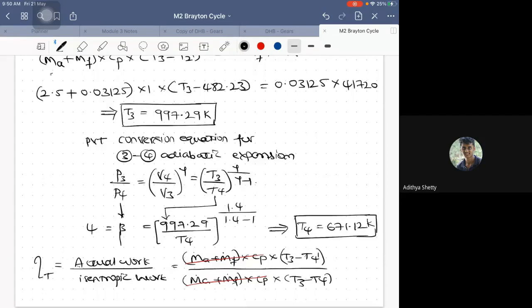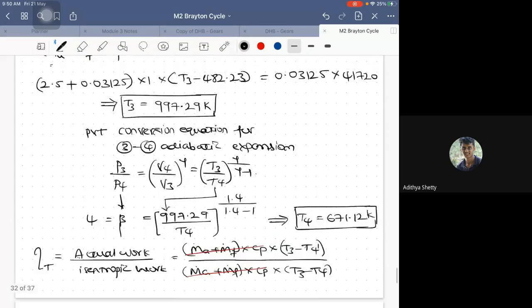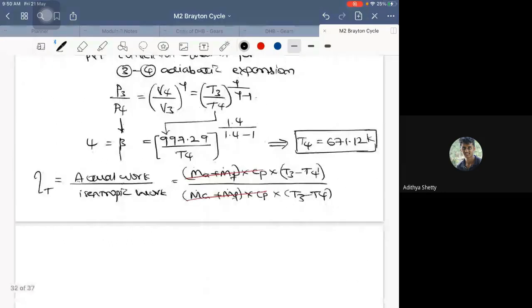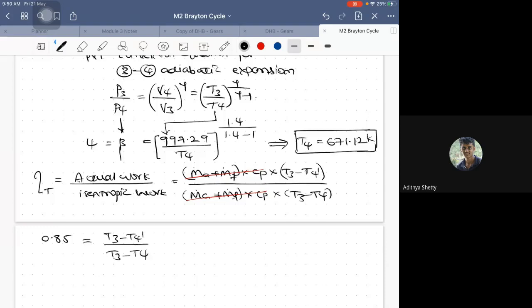Next, whatever is remaining, this is 0.85. That is equal to T3 minus T4 dash divided by T3 minus T4.